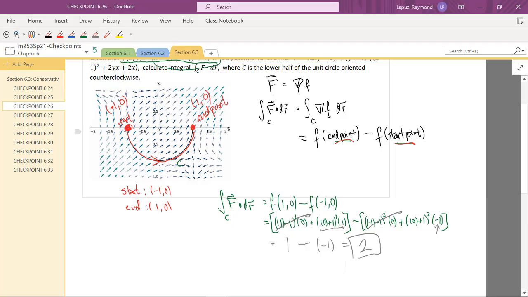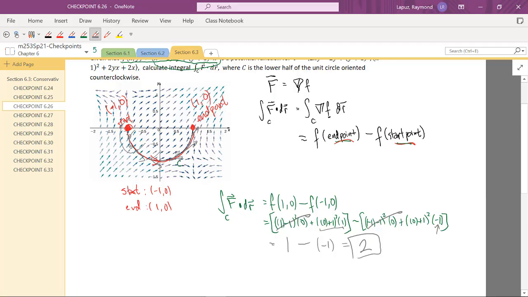All right. We can verify at least that this is positive if you look at the tangent vectors to the curve and compare them with the vector field. A lot of the vector field vectors will be going along the same lines or at an acute angle with the tangent line.